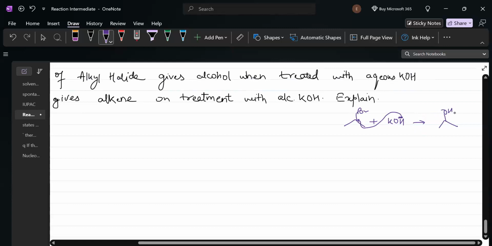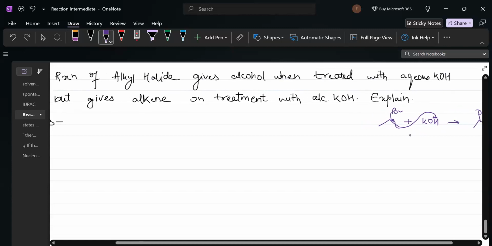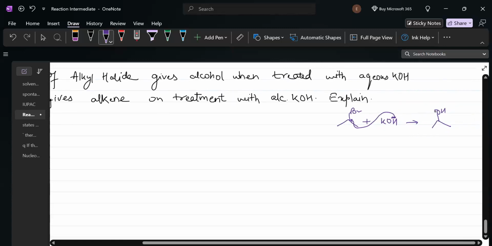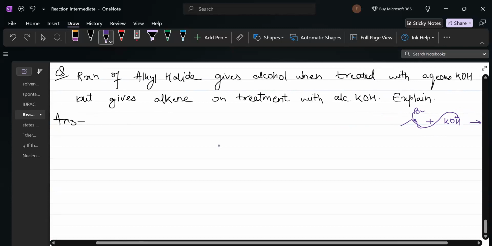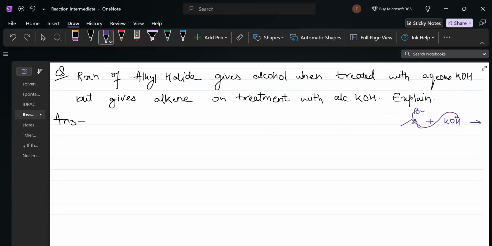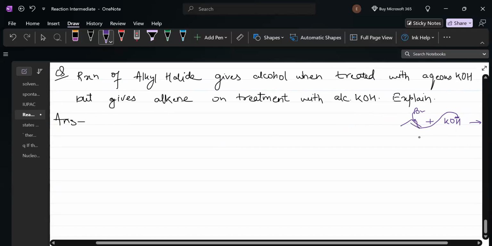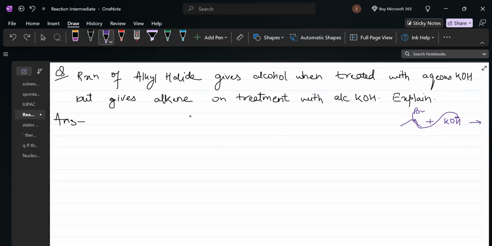So this is a substitution reaction, right? Do you remember, Khadija? Okay, but here what is happening is that this is taking this Br and H, and this double bond is formed. So there is a huge difference here, and we have to compare and discuss why this is happening.